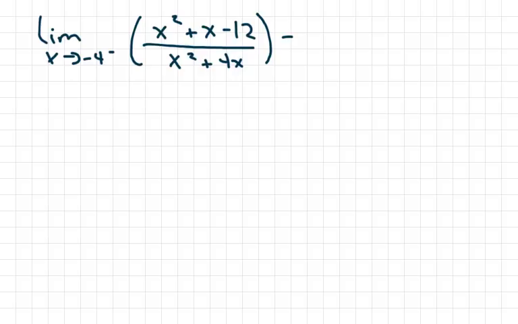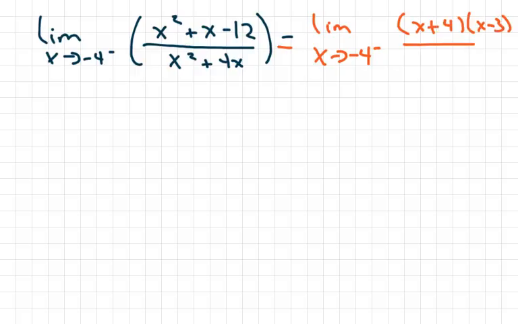And the last one, we're going to factor again. This is going to equal the limit as x approaches negative 4 from the left. And this is going to be x plus 4 times x minus 3 over x times x plus 4. This cancels.